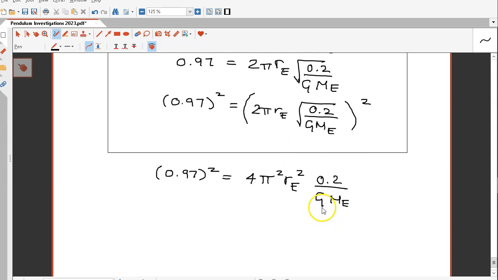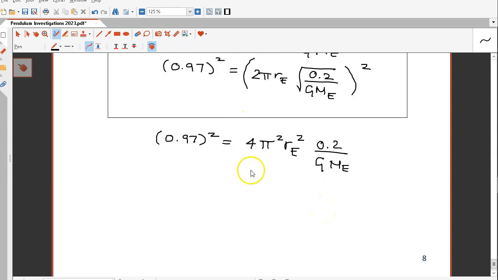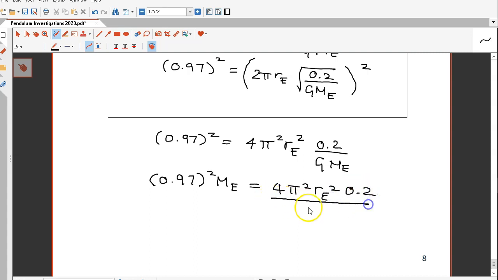Like so. Now we can rearrange this to get the mass of the Earth. So the easiest thing is to multiply both sides by the mass of the Earth, and we get this.